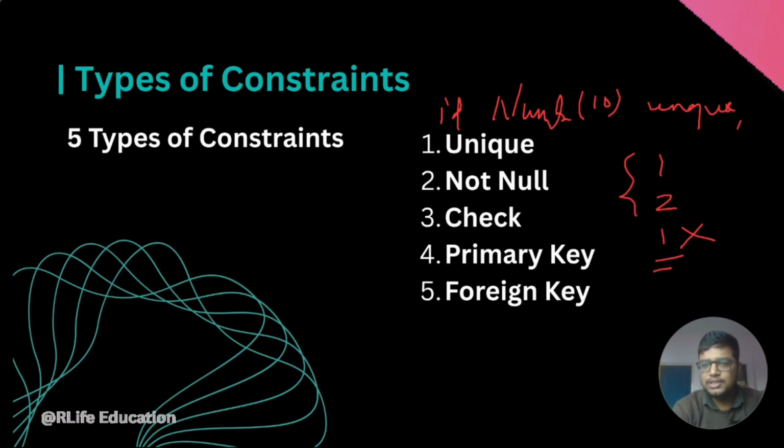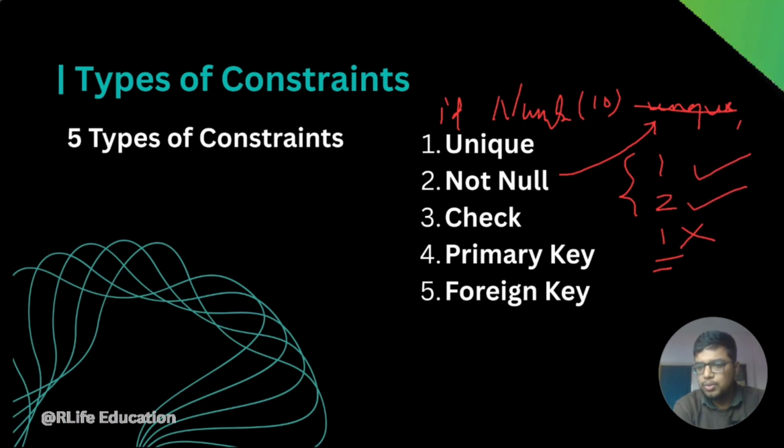Assume in place of unique, I assign not null. Null means nothing. Not null means something is there. ID number, then the size. Not null means, let us say I enter ID 1 then 2.